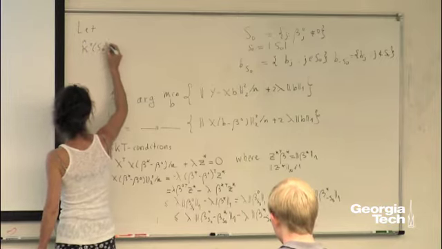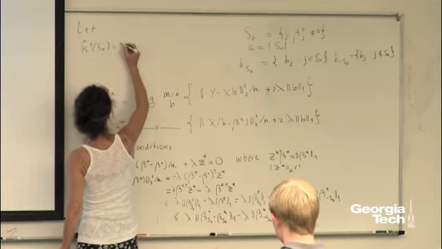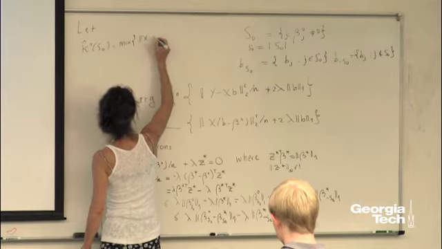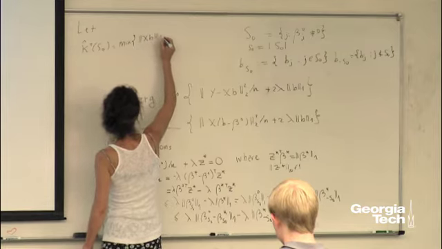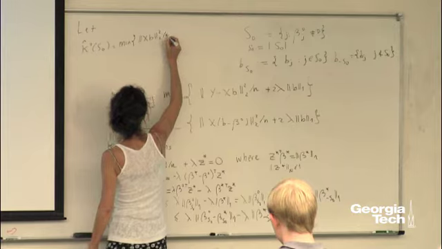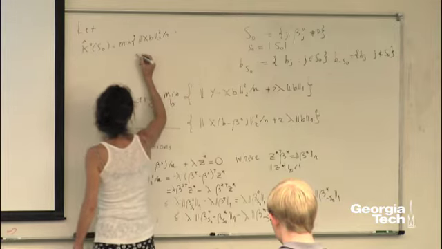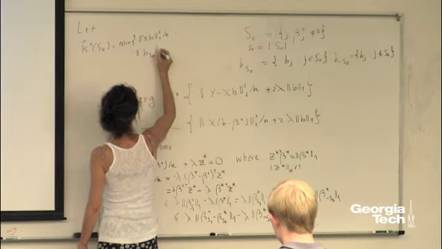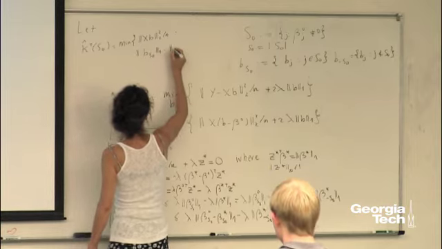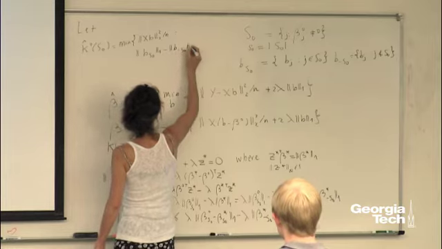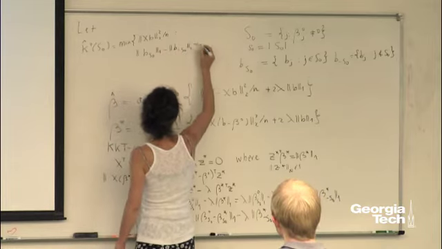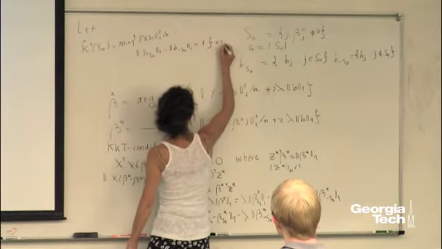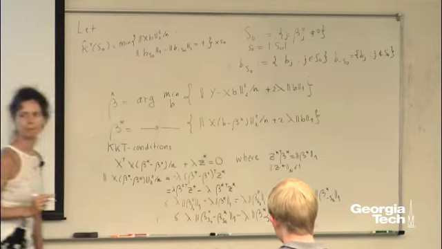Squared, minimum, x b squared such that beta S0 is equal to 1. And I normalize, so times S0, so like this.